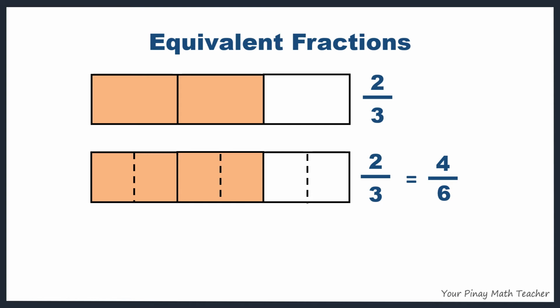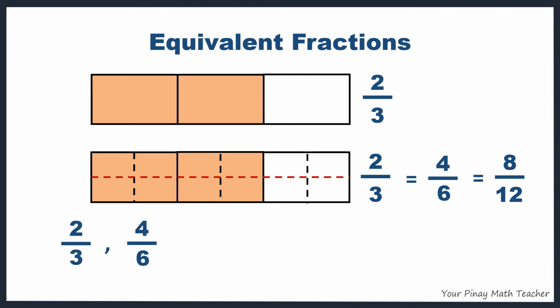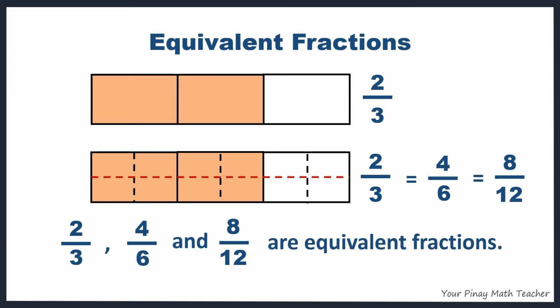And if I were to divide it again, but this time along this horizontal line, then the shaded part becomes 8/12. The shaded part still remains to be 2/3. So we can conclude that 2/3, 4/6, 8/12 are indeed equivalent fractions.